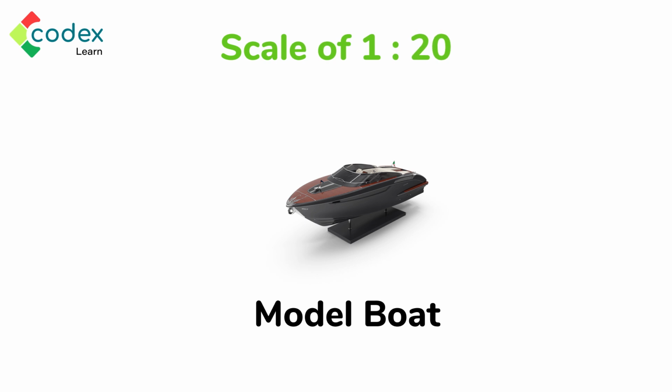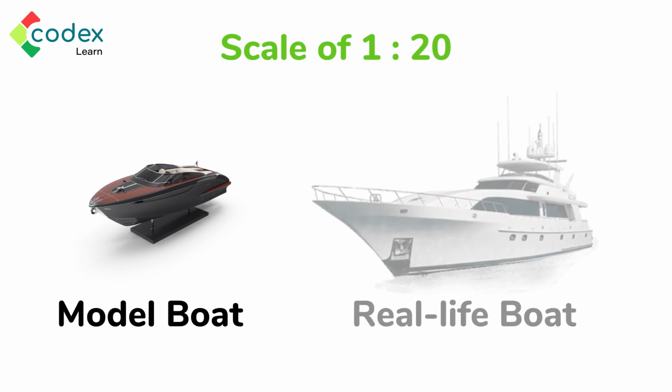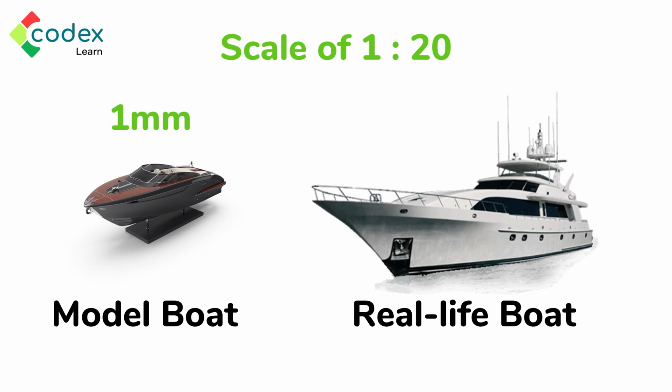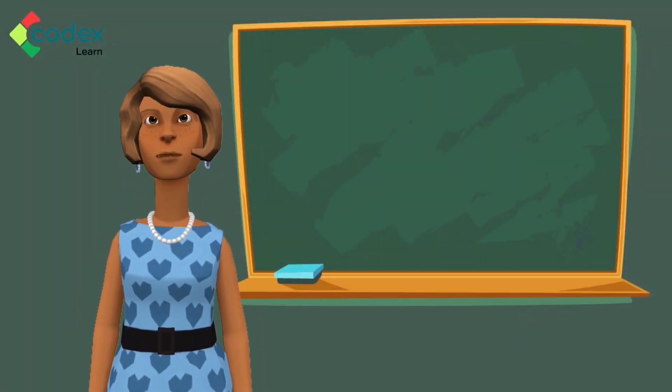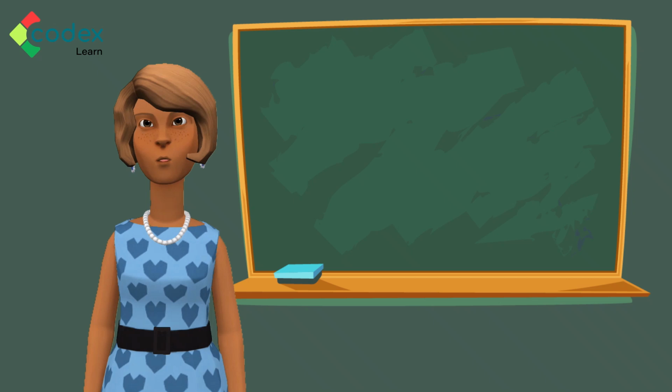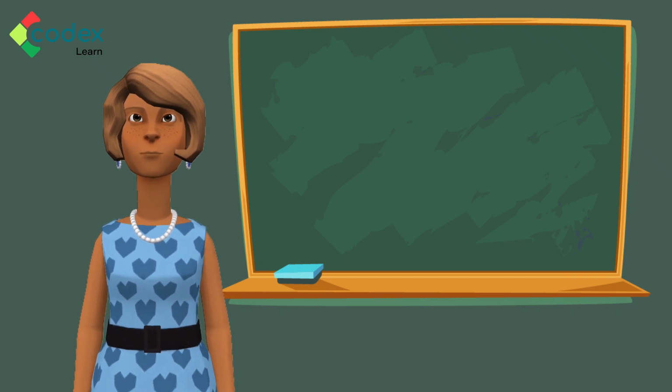This scale can be applied to any unit. So 1 millimeter measured on the model is 20 millimeter on the real-life boat. 1 centimeter measured on the model is 20 centimeter on the real boat. This also means that the measurement of the actual boat is 20 times more than that of the model boat.